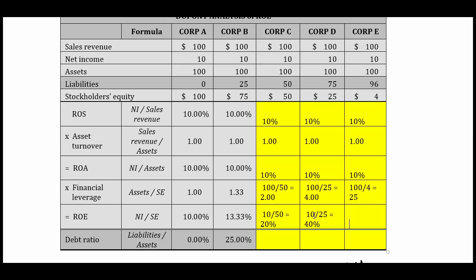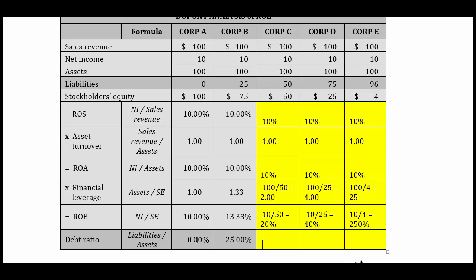And in E, 10 divided by 4 would be equal to 250%. And if you want, 10% times 2 is 20%, 10% times 4 is 40%, 10% times 25 is 250%. Wow.